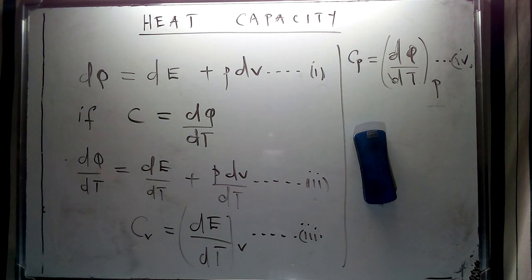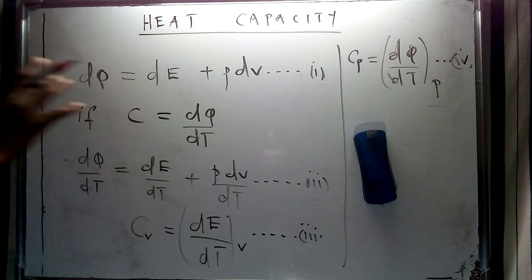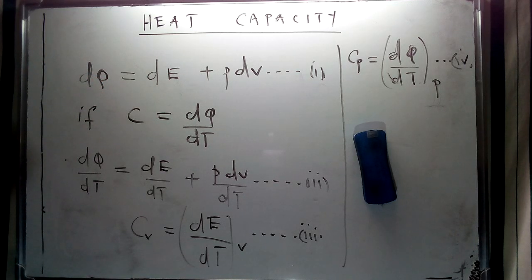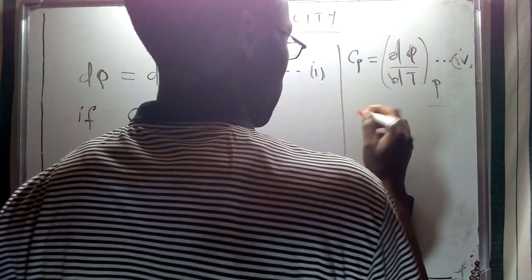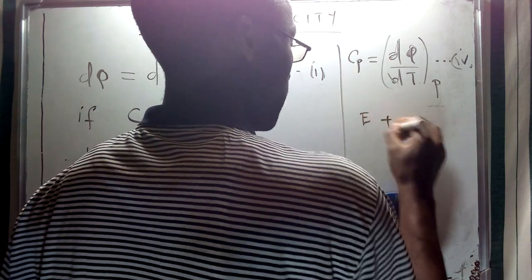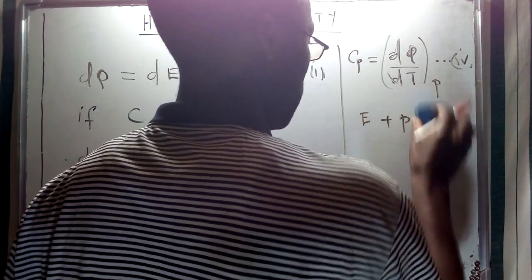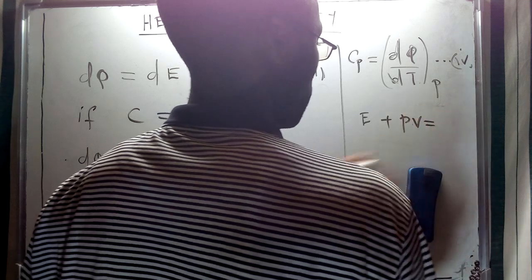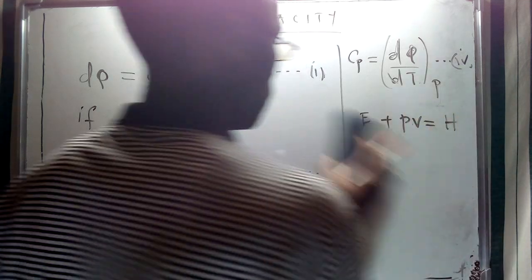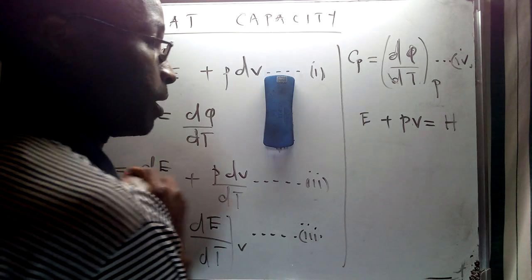Therefore, from that we can describe dq using that extensive property of matter that I mentioned in our first video, which is described as E plus PV, of course, and is going to be referred to as H, which is what I referred to as enthalpy.